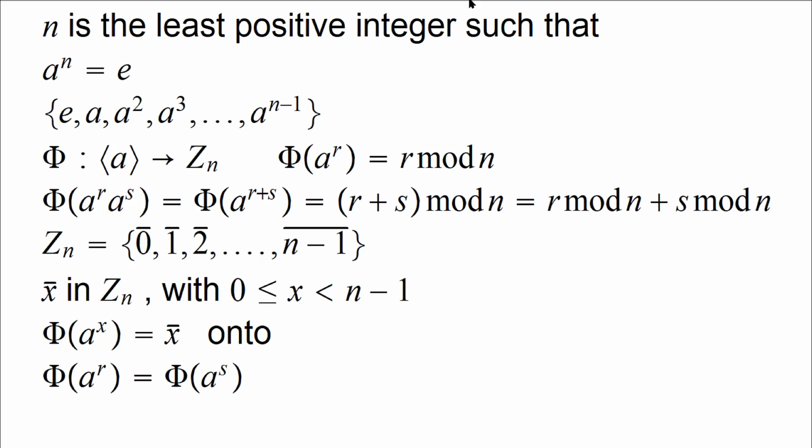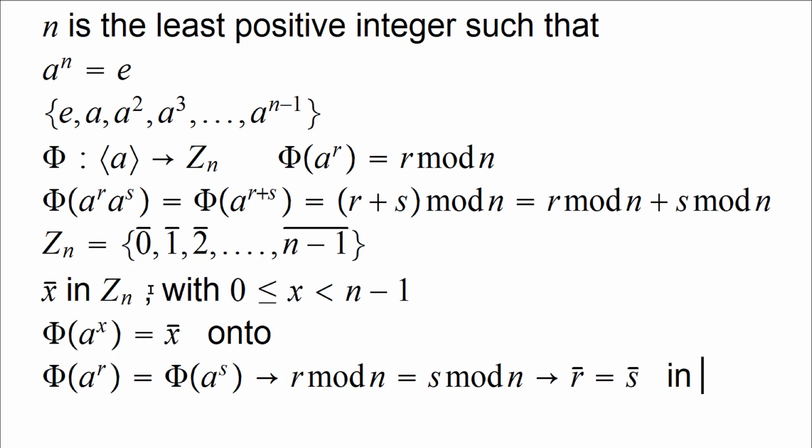And these would be r mod n equals s mod n, and that will give us that the two elements are the same in the set Zn. So r and s are the same. I think we just went a bit formal or routine, but that's okay to see it this way. So this is one-to-one.